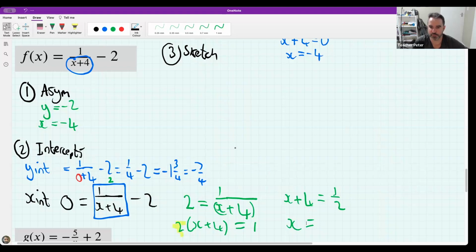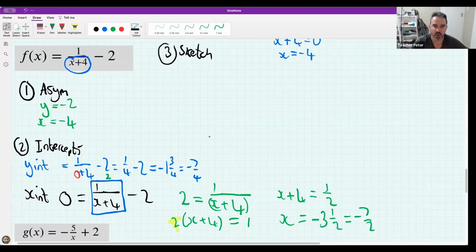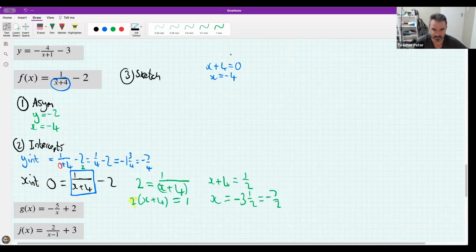I think I take away 4 from both sides, and I get minus 3.5, or I could say minus 7 over 2. Okay, so now I've got all my intercepts.